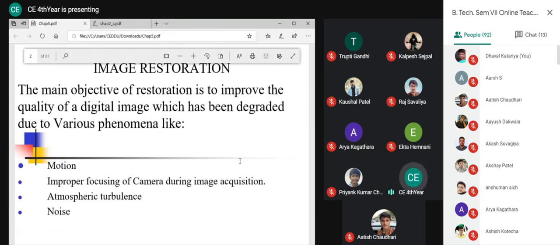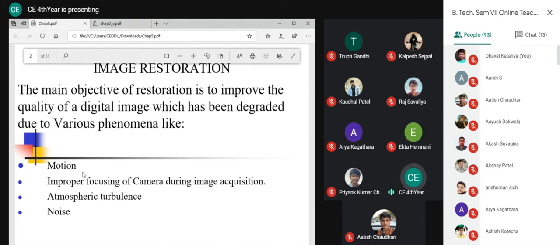So we want to improve the quality, but why? Why is it degraded? In which scenario is it degraded? Possibly because of motion. You know that if you capture images in motion, then they are degraded. It is possible to some extent to remove that impact of motion. So we want to restore our image. That is image distortion.